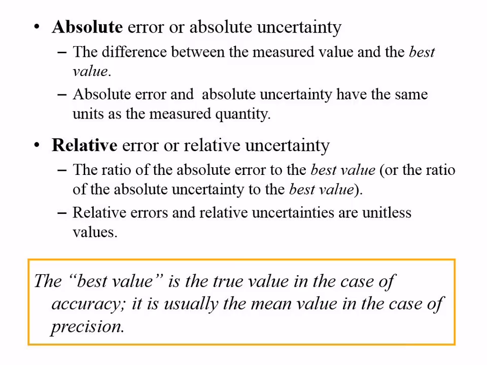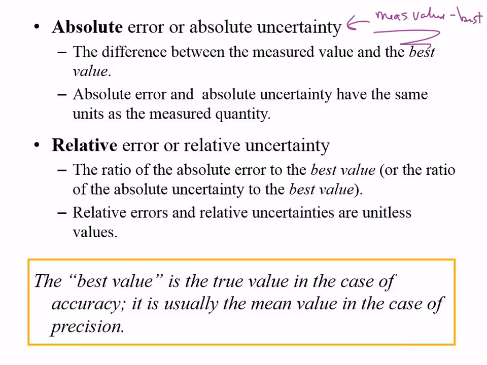Relative error is you do the subtraction. Let's do it this way. Absolute error is you have the measured value, MEAS for measured value. From that, you subtract the best value. I'll just put best. Okay, that is your quick subtraction for your absolute error.